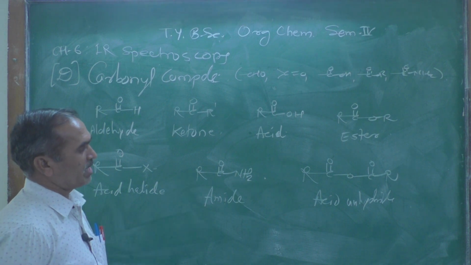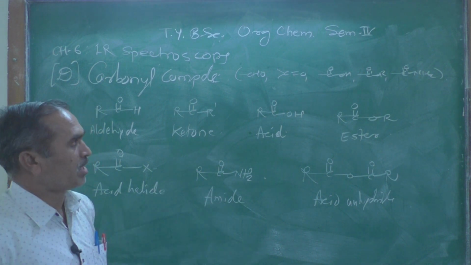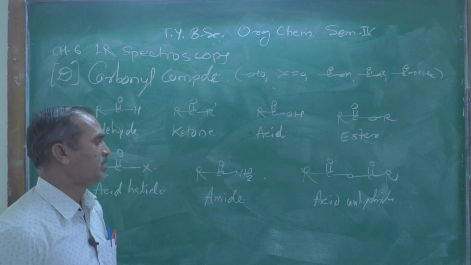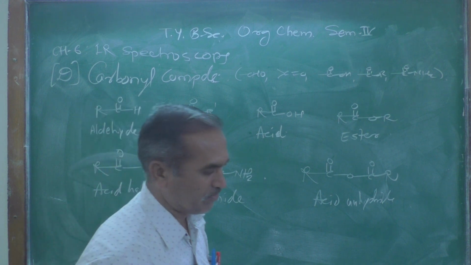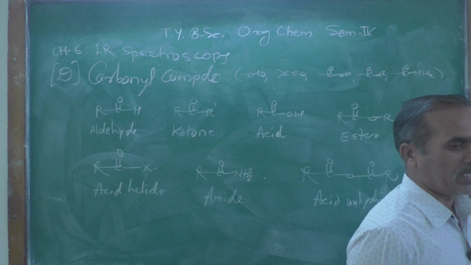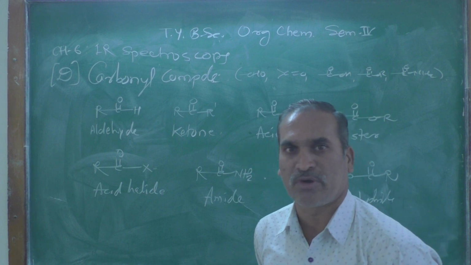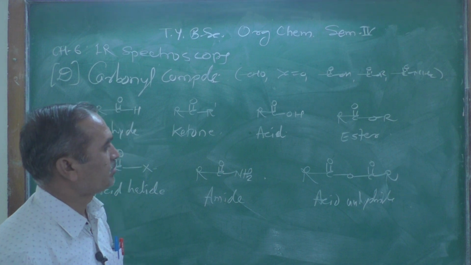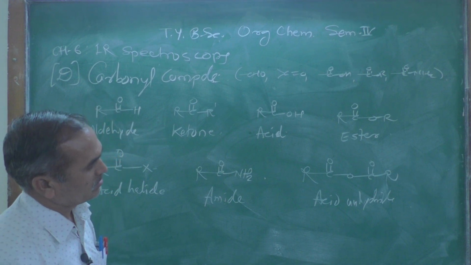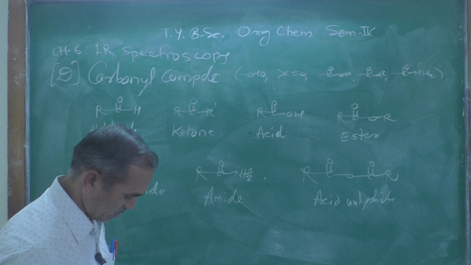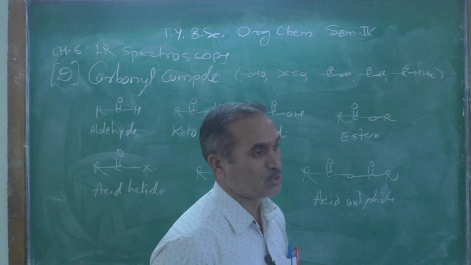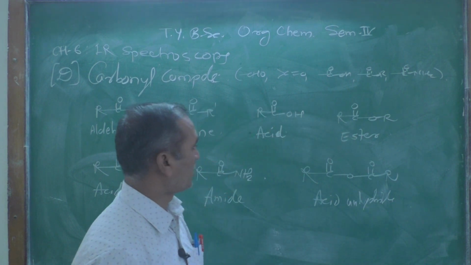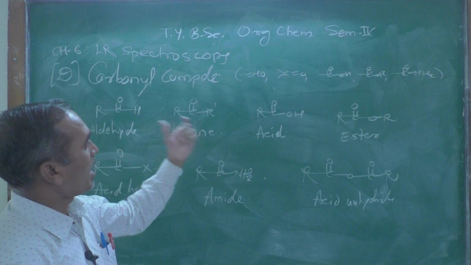Now move on to the next one, which is also a derivative of acid. How do you get the amide? Just by treating acid with ammonia and heating, the resulting compound obtained will be the amide. And the next one, the acid anhydride, is also one of the derivatives of acid.